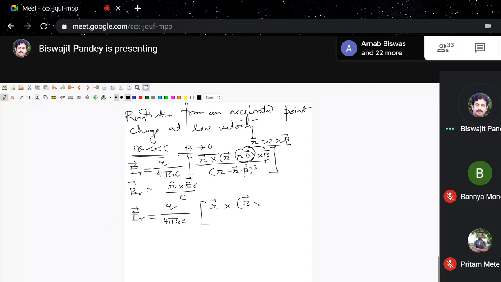It is not A cross B cross C beta dot, right? Divided by, you see, this term can again be dropped. Then under this approximation, I can write that curly R, which is the mod of R, will be much greater than R dot beta, right? So then this one divided by R cubed.